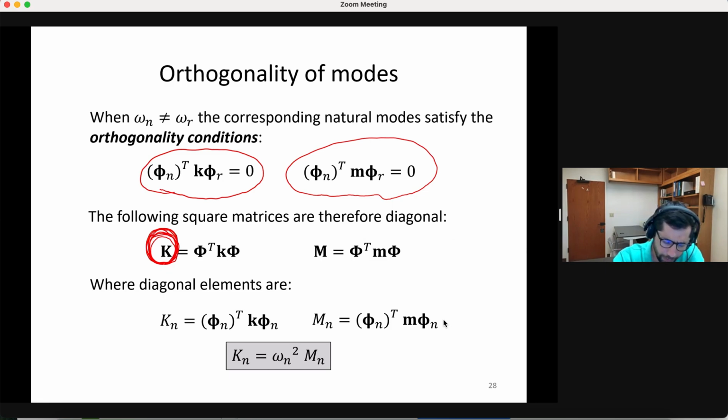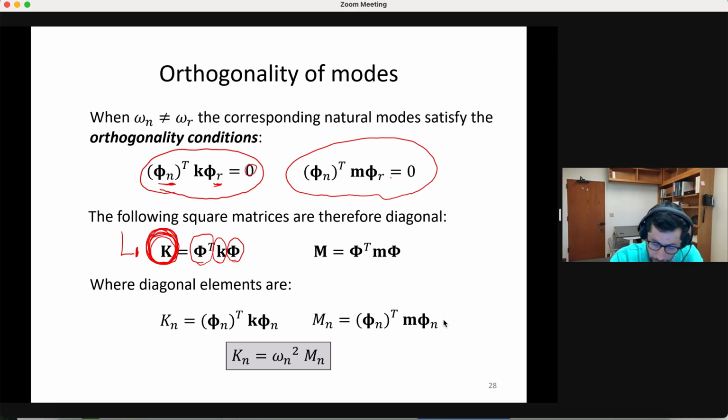This stiffness matrix is obtained by performing the operation: the transpose of the mode shape times the stiffness matrix times the mode shape. In this case, this matrix will be a diagonal matrix because all the terms outside the diagonal, meaning all those terms for which N and R are two different numbers, will be equal to 0.